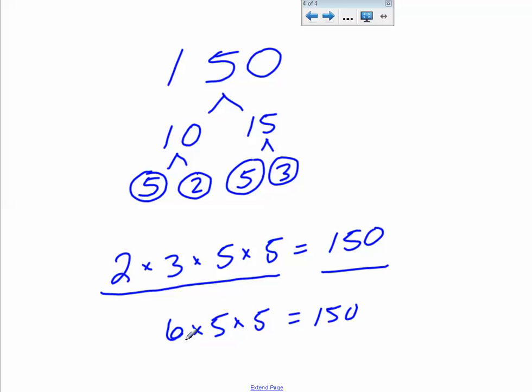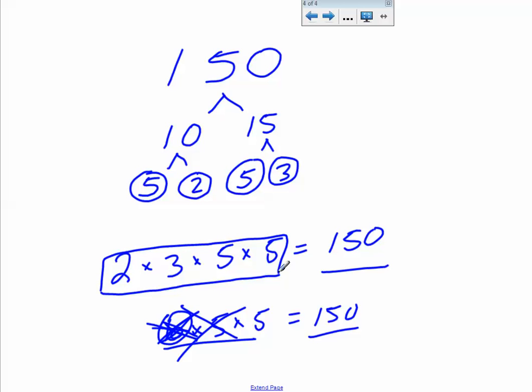Now, I agree that this and this are equal, but what I don't agree with is that this is not all prime. This is wrong. That's not a prime number. It cannot be the prime factorization if one of the numbers is composite. All the numbers must be prime.